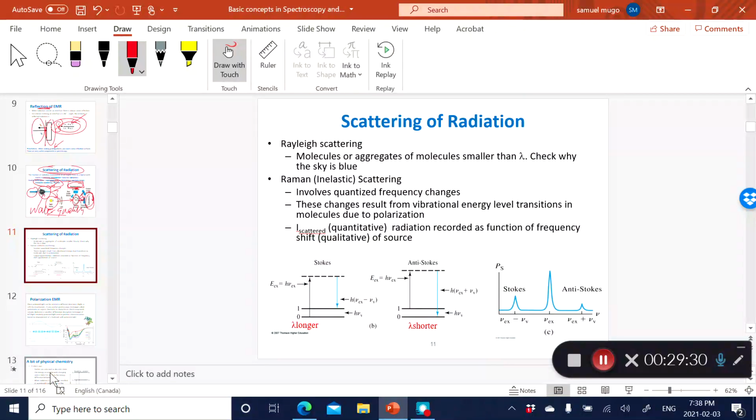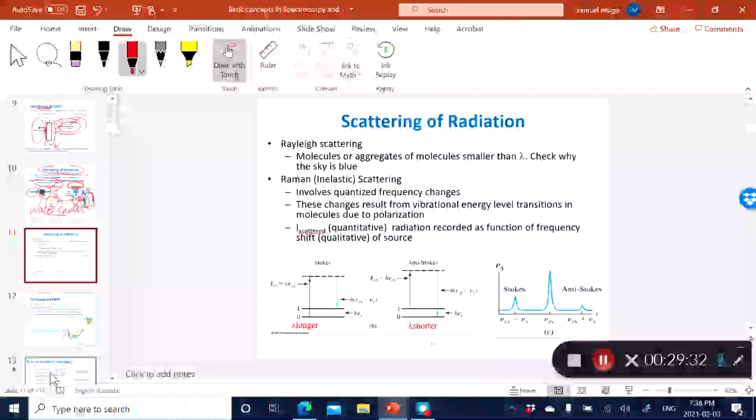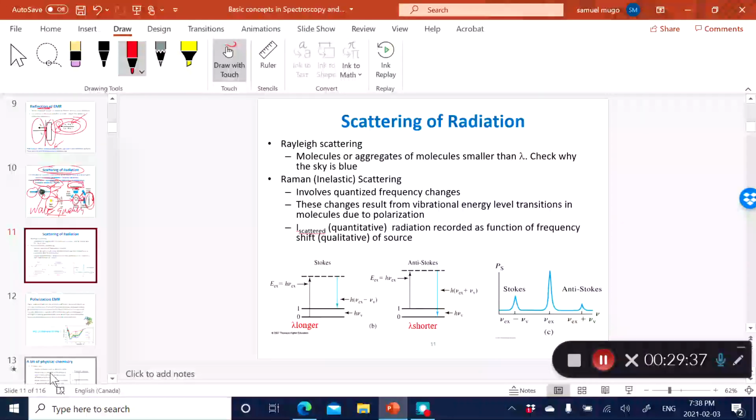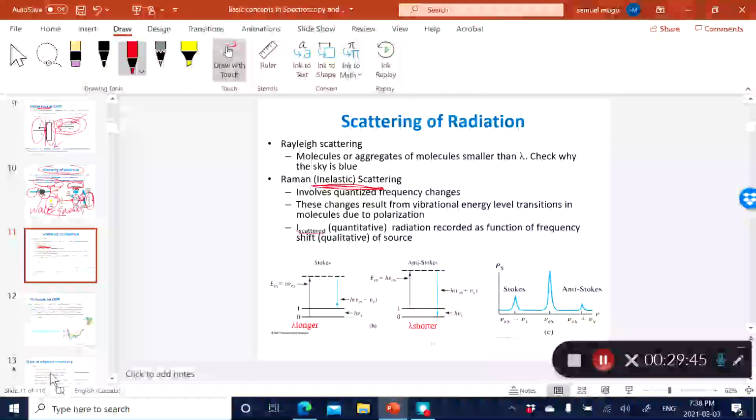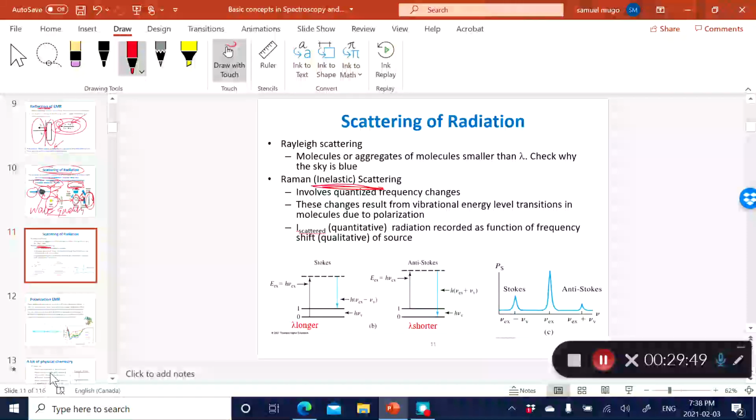Now, when you take light and impinge it on a substance, you can get scattering that is actually quantized, and that is what you refer to as inelastic. Inelastic meaning the energy of the incident beam is different from the energy that you actually detect.